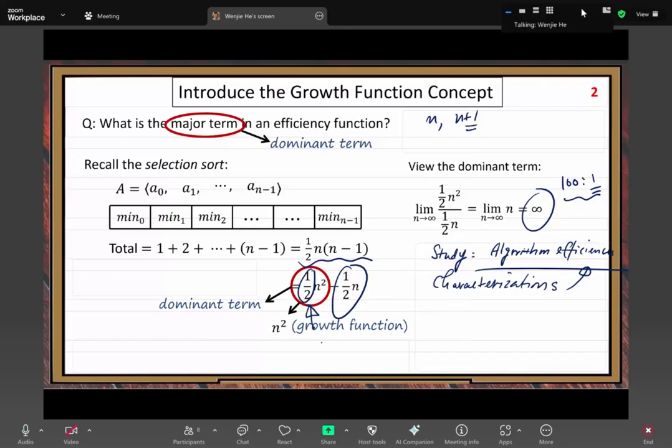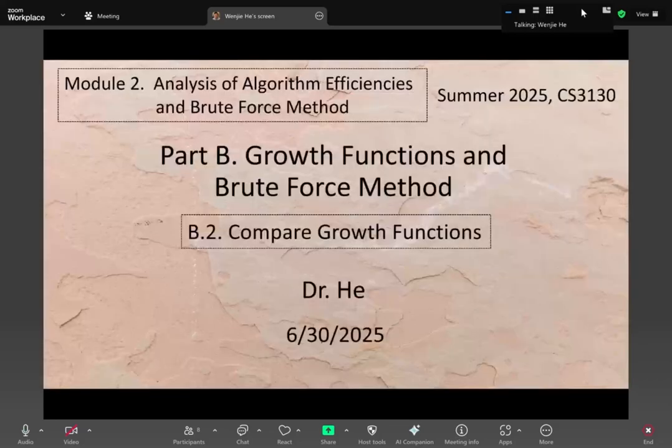All right, so now let's look at the next topic, B.2, compare growth functions. Now, we want to do comparison. How do you compare two different growth functions? We know each function has a growth function. We just solved that element uniqueness problem.